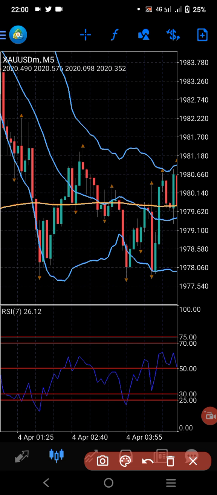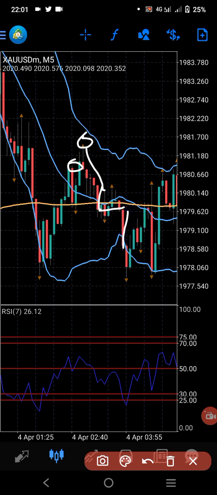You can see that when it actually crosses this line and hits this point, it goes to this point and begins to come down, and it came down to this point.